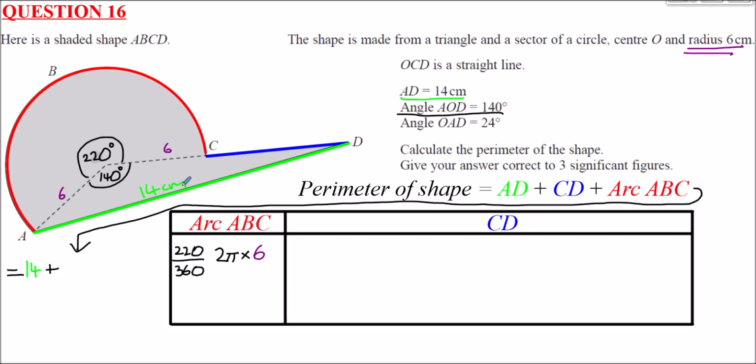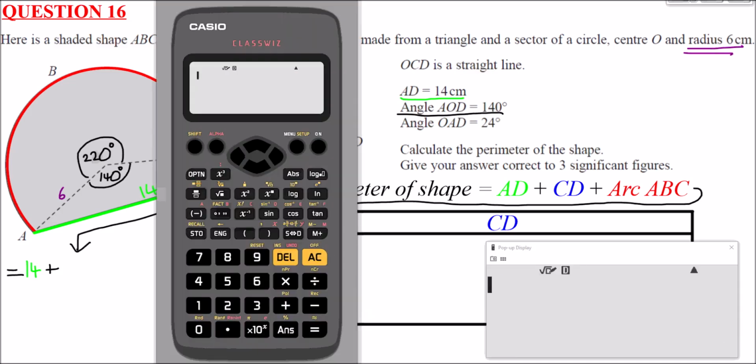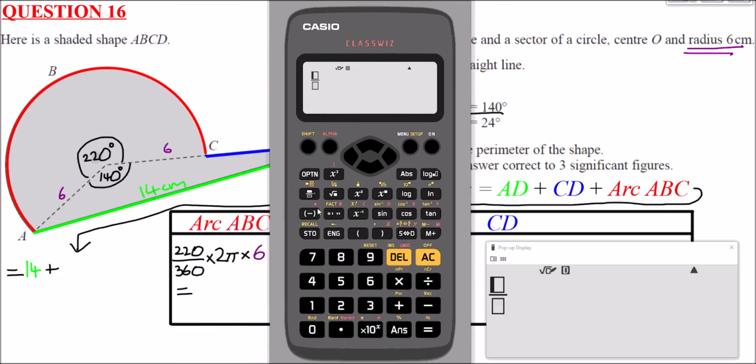So the arc length will be this fraction of the circumference. This is the calculation we need to do to work out the arc length. So we're going to have 220 over 360 multiplied by 2 multiplied by pi, multiplied by the radius, which is 6.